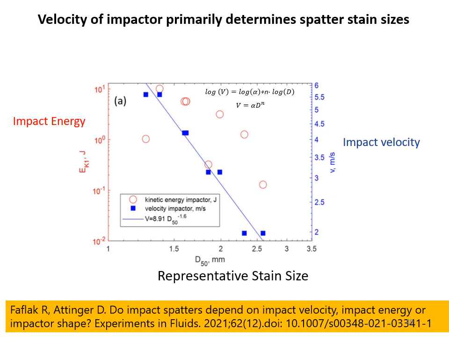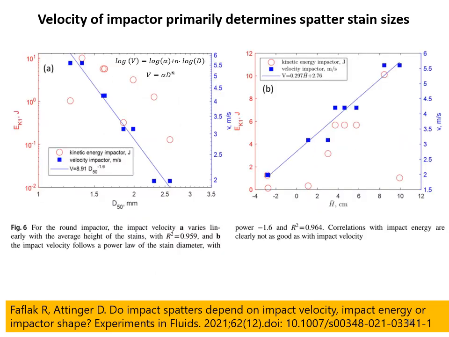And try to judge which one of these two quantities is well correlated with the size of the stains. It's the blue, because they all fall on that straight line. And it's a log-log plot, which is very often used by physicists. That means there's a power law relationship between the velocity and the diameter of the drop.